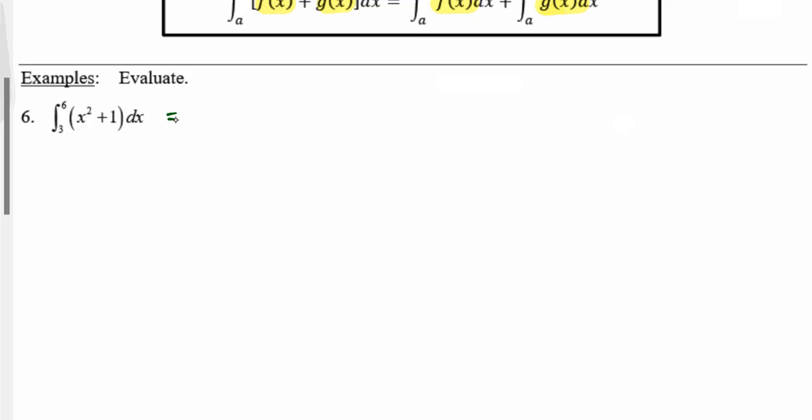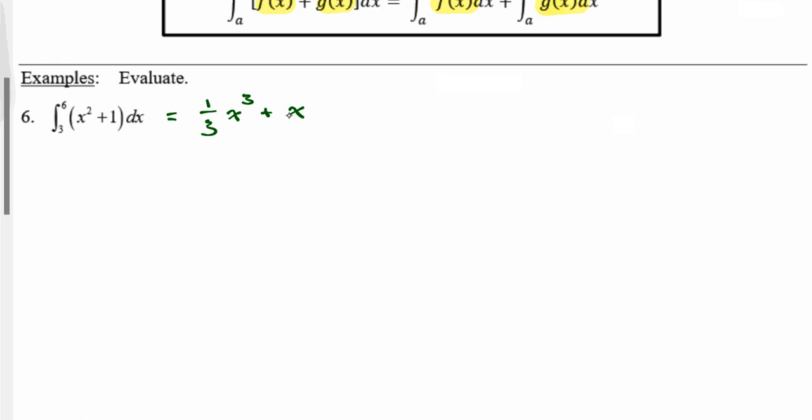So we'll say this is going to equal 1/3 x cubed plus x. But I'm not going to put the c on anymore because it's going to end up canceling out.